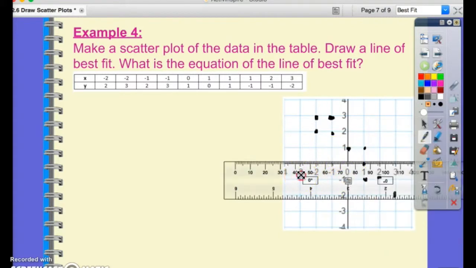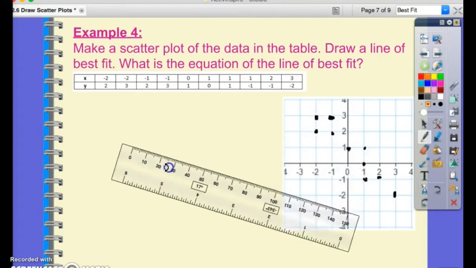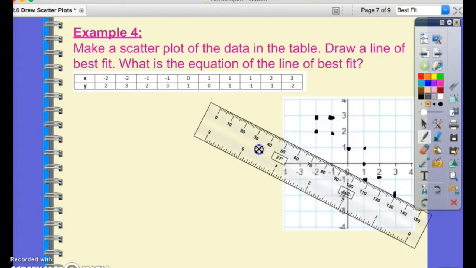I want to use a ruler to sort of figure out where my points go. Where you want the line in the middle of all of them. So let's see if I can at least start moving this over.